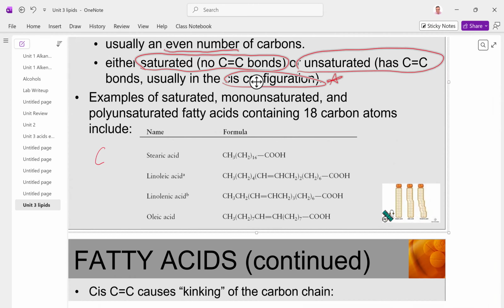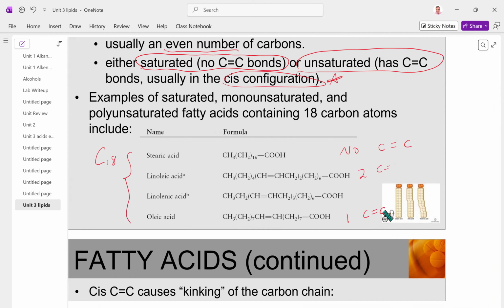These are all C18. No double bond. One double bond.